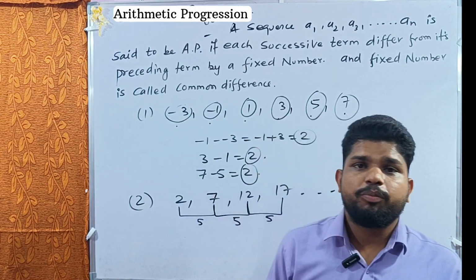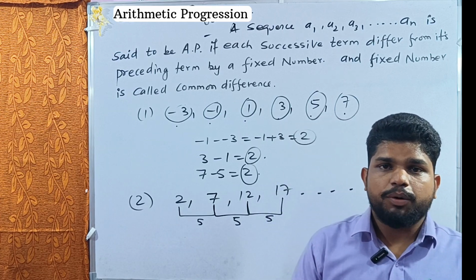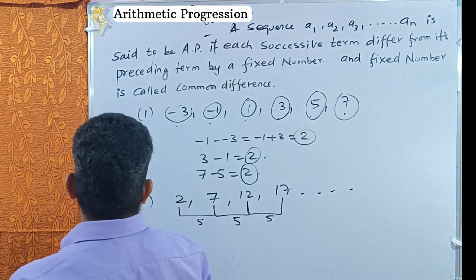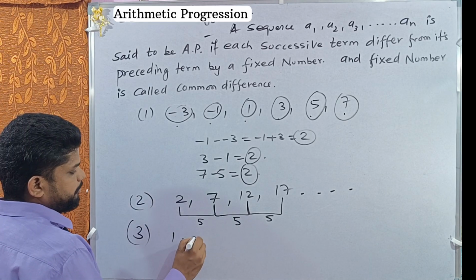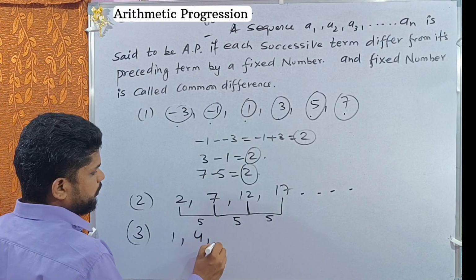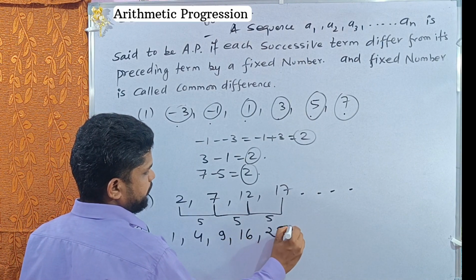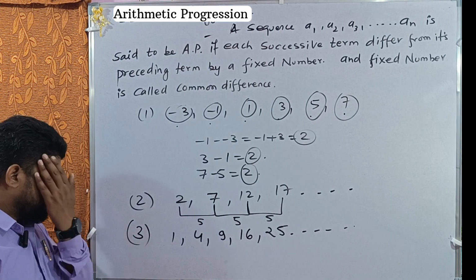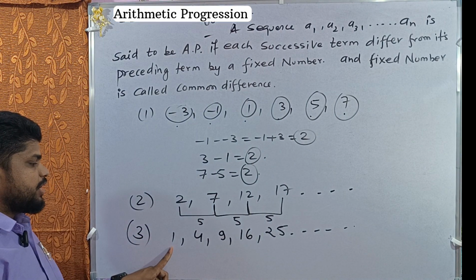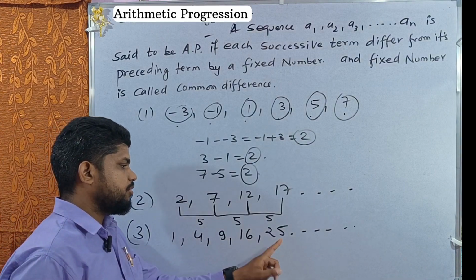Dear students, keep in mind that not all sequences are arithmetic progressions. Suppose, dear students, I write the sequence of squares: 1, 4, 9, 16 and 25, and so on. We say this is a sequence because this is the square of 1, this is the square of 2, of 3, of 4, of 5.